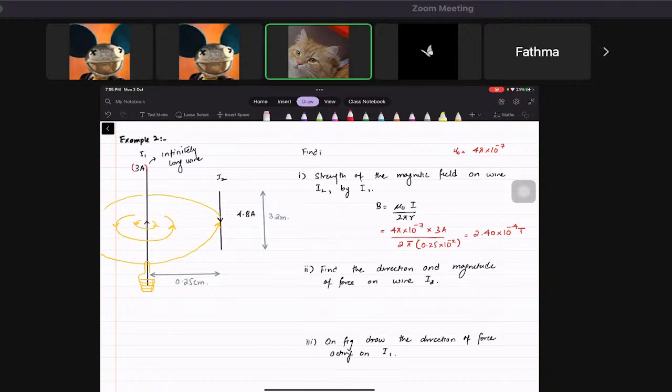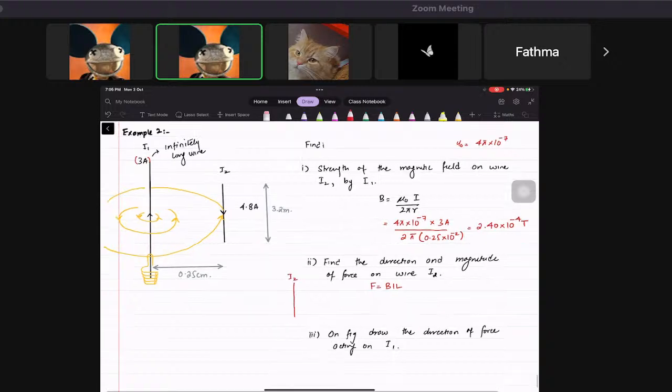Yes, sir, understood. Okay. Then, to find this, we have to use F equals B, I, and L. If you look at what is happening right here, this is the wire I2, and the field is going into the page from here, as you can see in the diagram. It's going away from you, and the current is down here, which is 4.8 amperes.